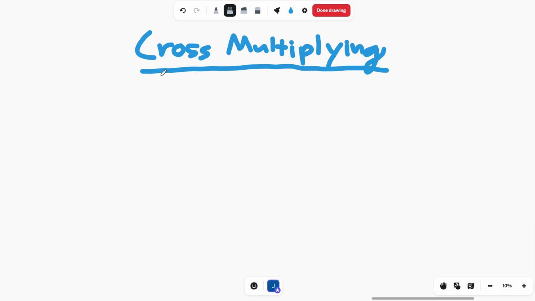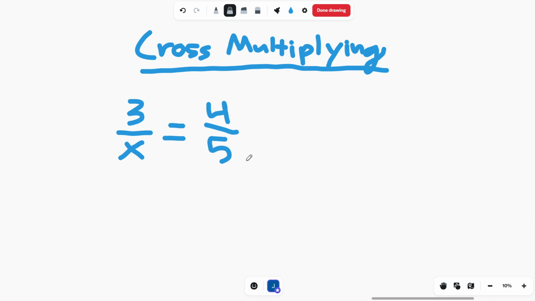When we look at cross multiplication, we typically have, take for example, 3 over x is equal to 4 over 5.